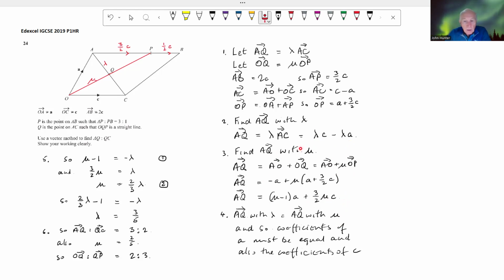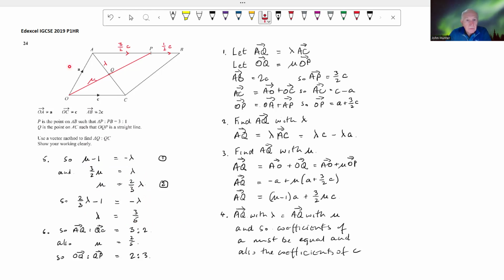So we can equate those coefficients, and when we equate the a components, we get this, and equating the c components converts into that. Now we've got something we can substitute into equation 1, giving us that, and that in turn gives us lambda equals 3/5.